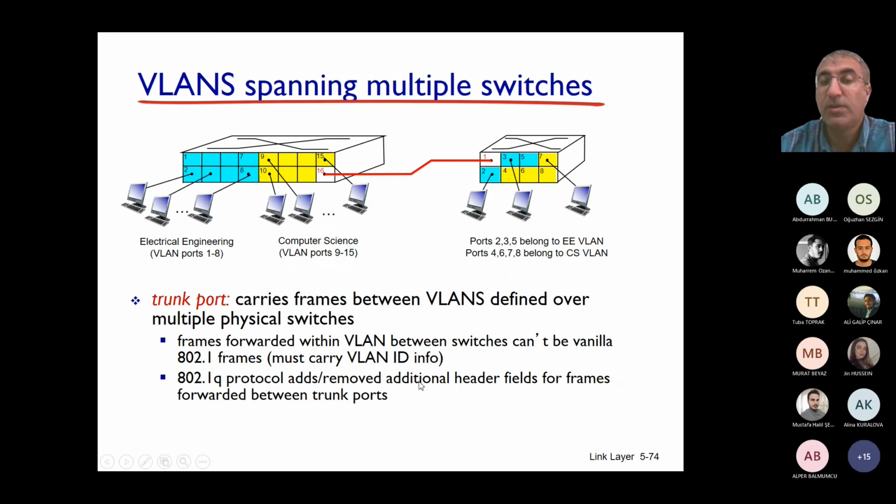The frames forwarded within a VLAN between switches cannot be vanilla, normal frames. Instead, we use the 802.1Q protocol that adds or removes additional header information for frames between the trunk ports.